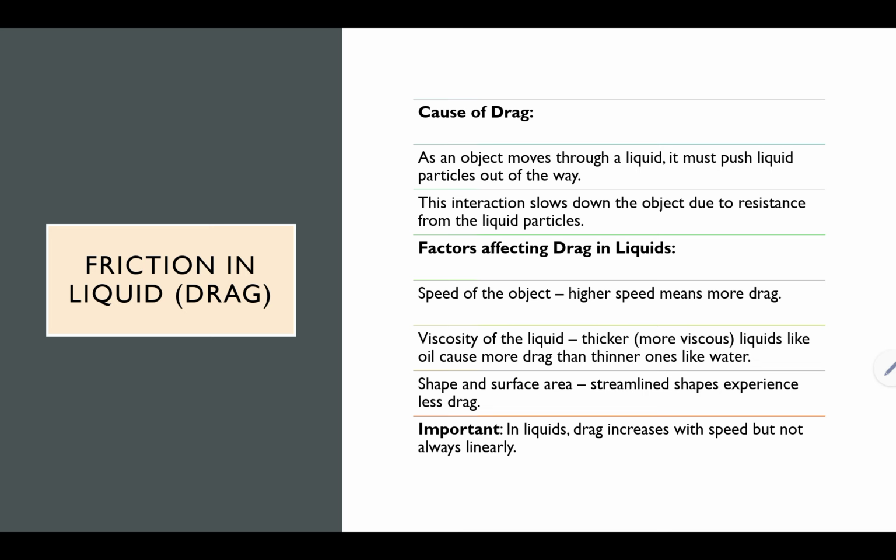Last but not least, shape and surface area. Imagine dolphins, imagine swimmers wearing the head caps, imagine the way boats are shaped. Whenever I have a streamlined shape, like a fish, what do I mean by streamlined?